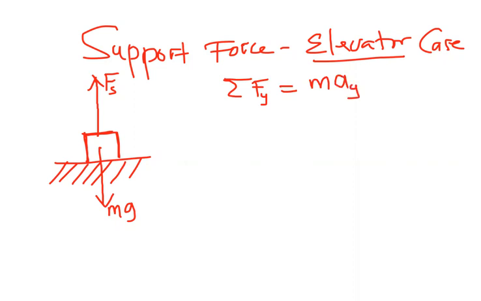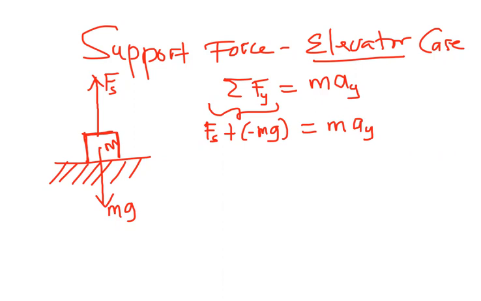Now, the net force in the y direction will be given by Fs, which is acting upward, plus minus Mg, because Mg is acting downward, it will pick a minus sign, equal to the mass of the object times acceleration in the y direction. We are going to write a y here.